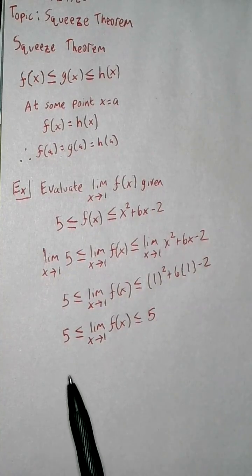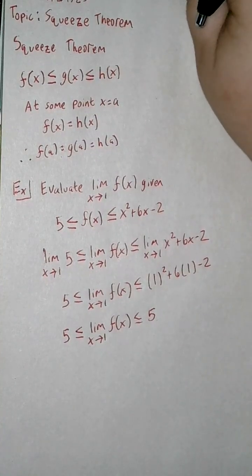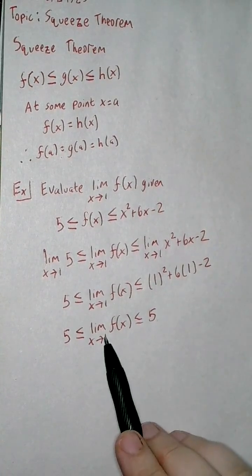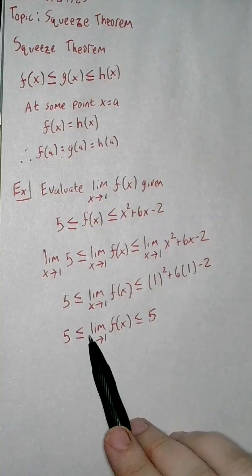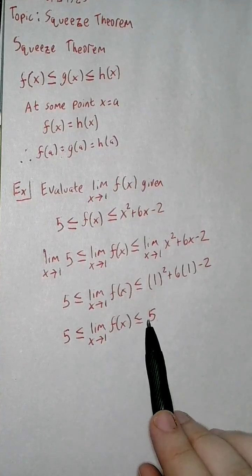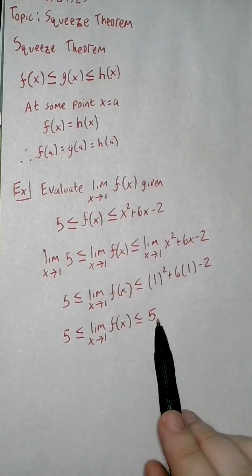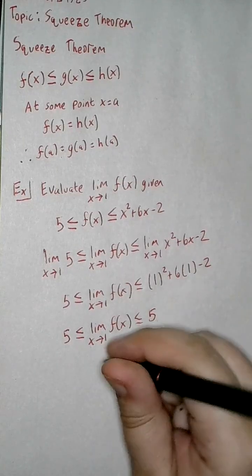Well, here's where we have an issue, because there's no value that's both greater than and less than 5. However, there is a value that is equal to 5 and equal to 5, and that would be 5.